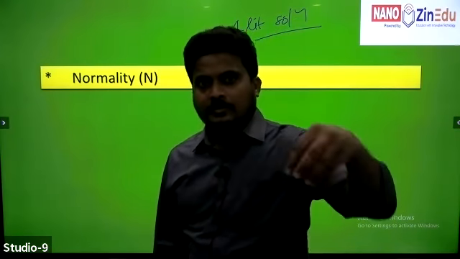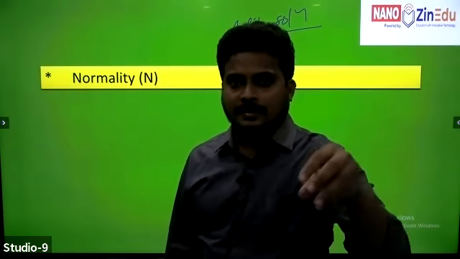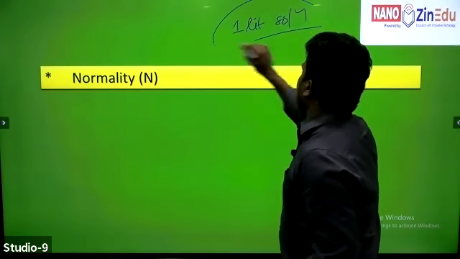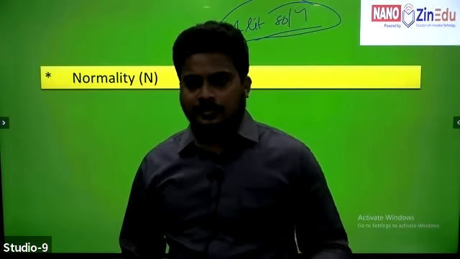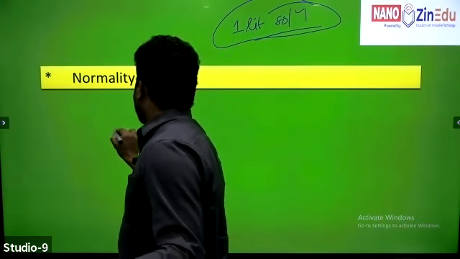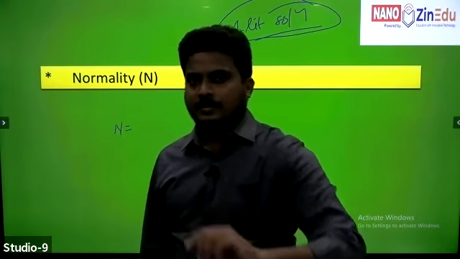If we dissolve 10 gram equivalents of solute in 1 liter of solution, then 10 is the normality of solution. That is where normality can be defined as number of gram equivalents of solute present in 1 liter of solution.